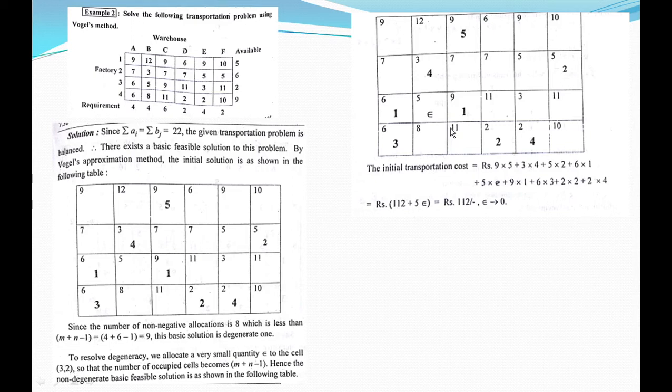Why is 3 comma 2 chosen here? Among the cost matrix, as the epsilon value tends to 0, whatever value you choose will tend to what? 0. So 5 times epsilon, or 12 times epsilon or 10 times epsilon becomes what? 0 itself.